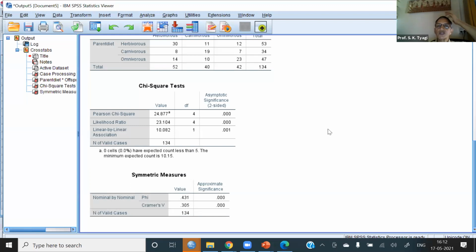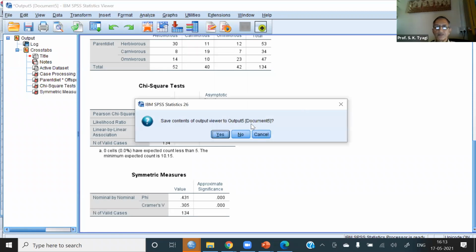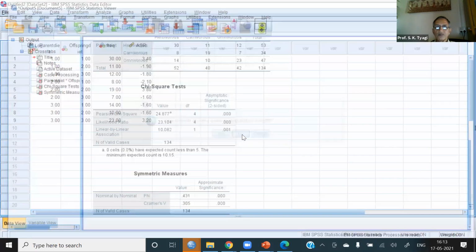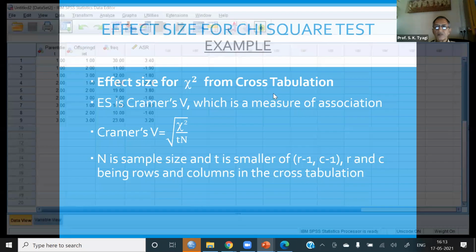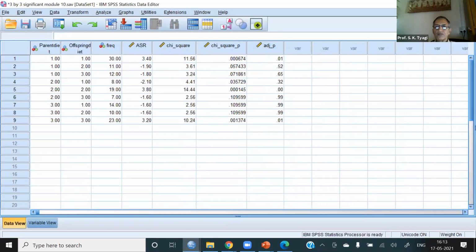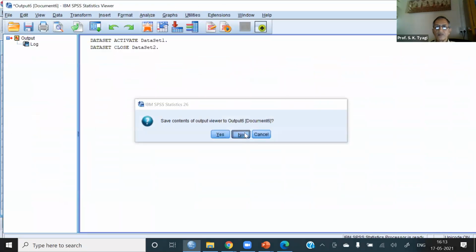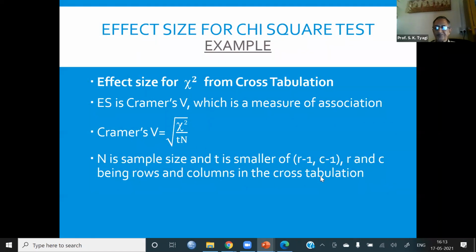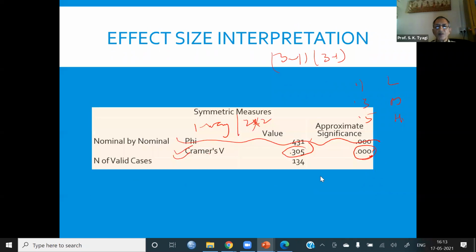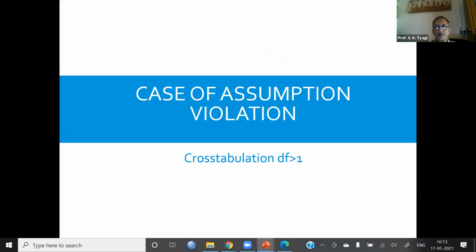So we now come to the next topic, and that is the case of assumption violation.